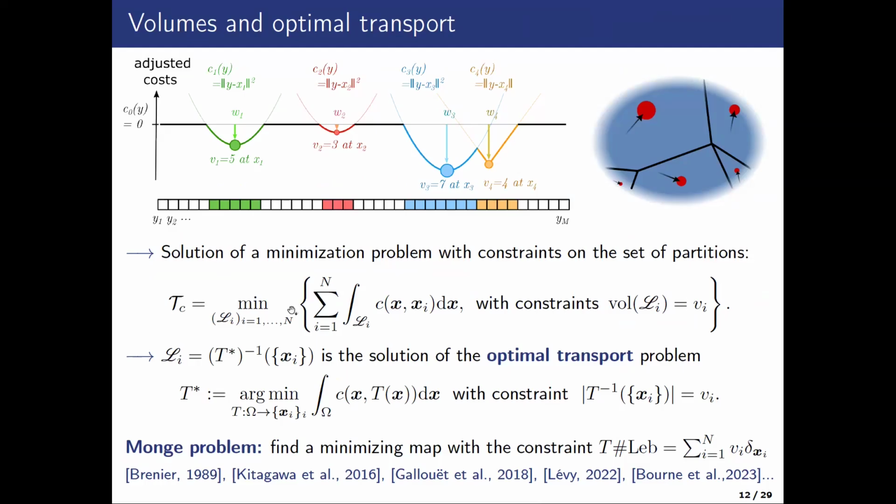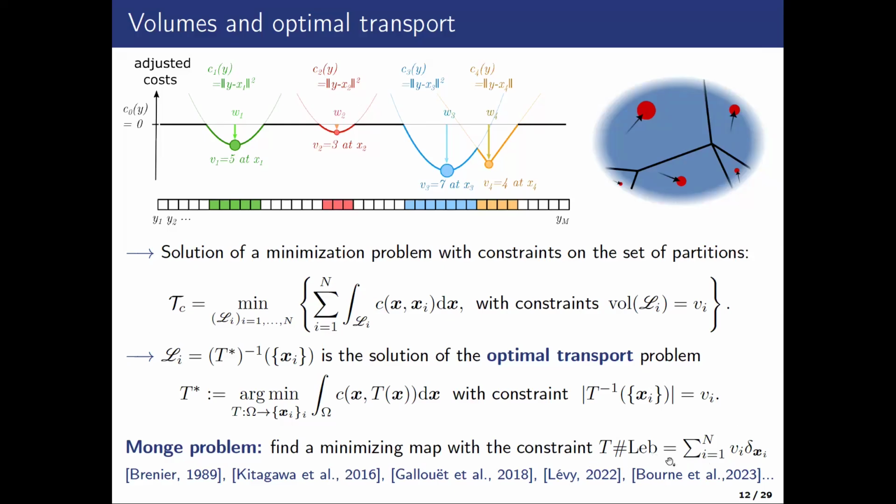But that's probably difficult to minimize over a set of partitions. But actually, this problem is equivalent to an optimal transport problem, where the optimal transport is between the Lebesgue measure, so the ambient measure of the space, and a discrete measure, which is this sum of Dirac masses at the positions that you want, weighted with the volume.